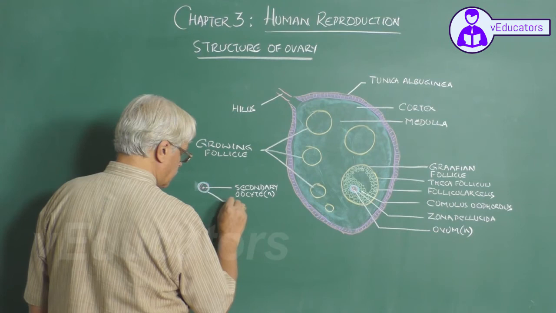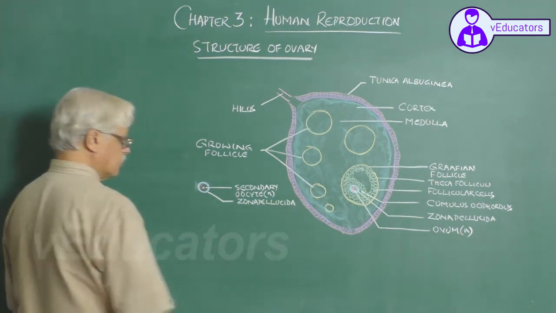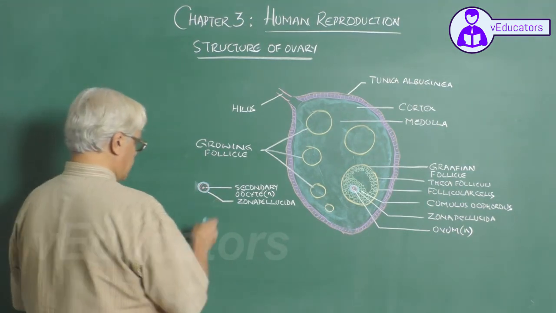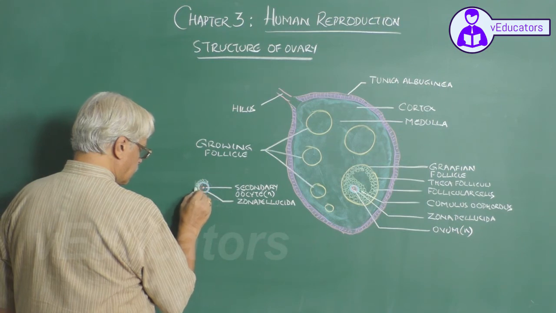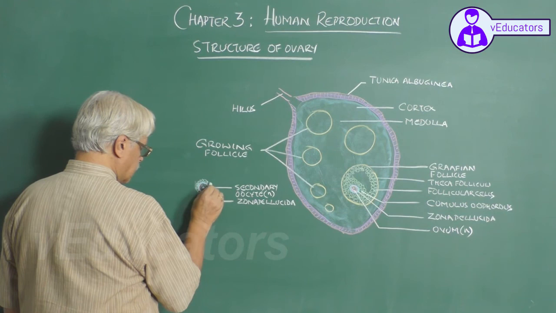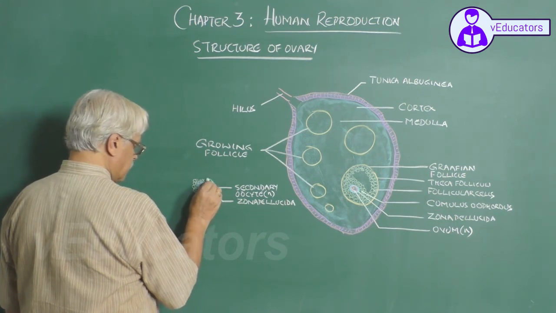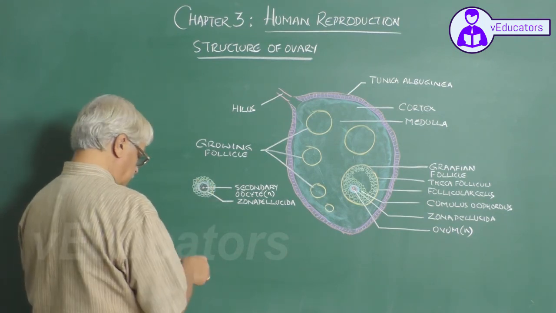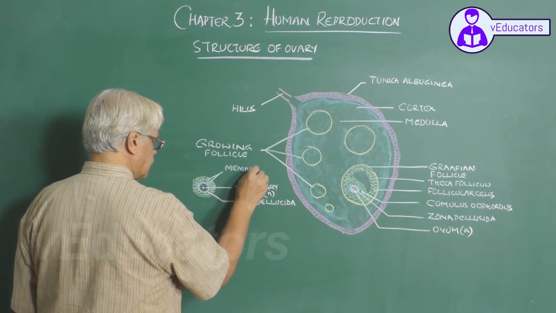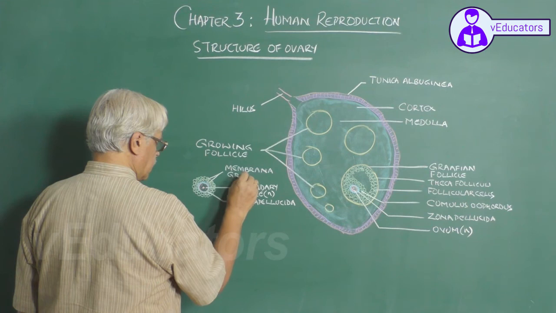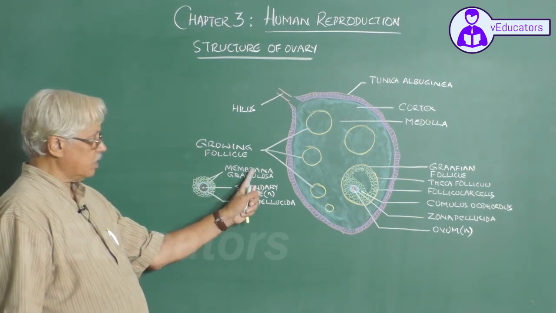Surrounding that, zona pellucida. Surrounding the zona pellucida is membrana granulosa, a region formed by granular cells, the follicular cells.